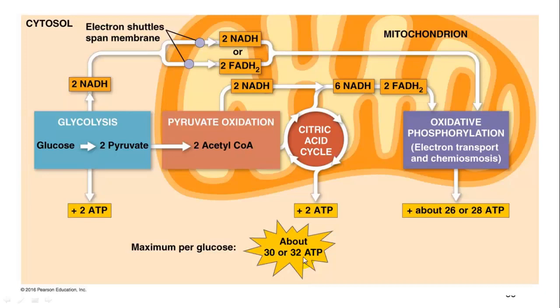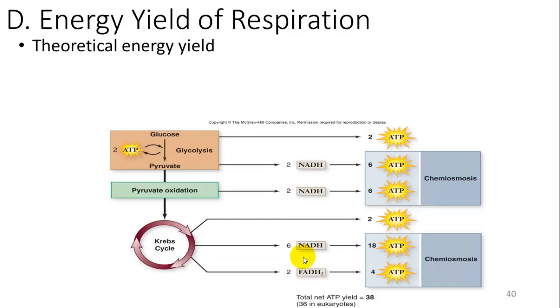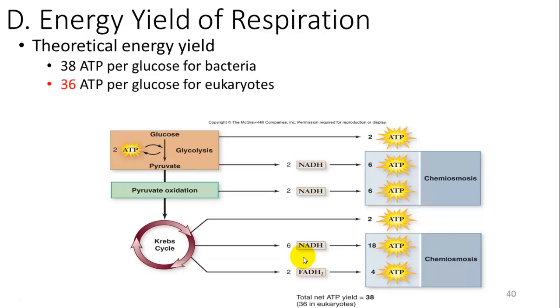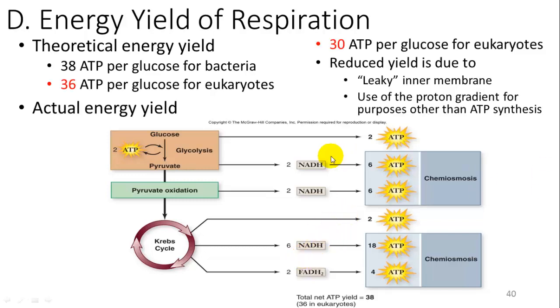When you actually do the math, ATPs go straight across, but for every NADH you get 3 ATPs, and for every FADH2 you get 2 ATPs. If you added all that up, it would add up to 38. But it's not as efficient as we have shown it.